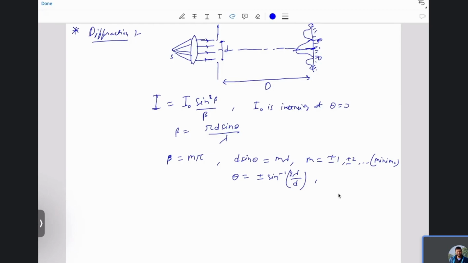Now one thing you notice here is that sine theta cannot exceed unity, right?